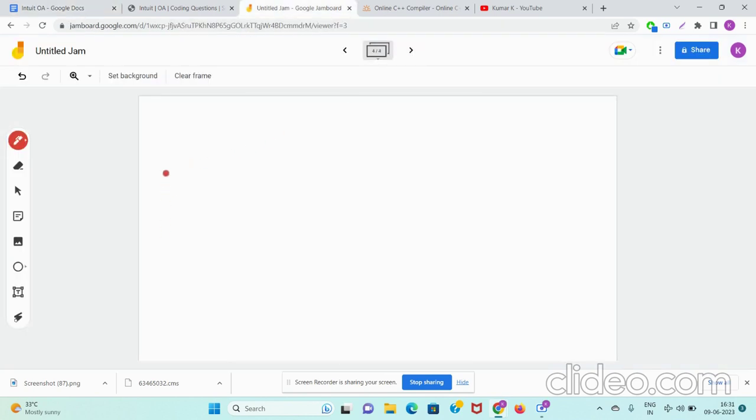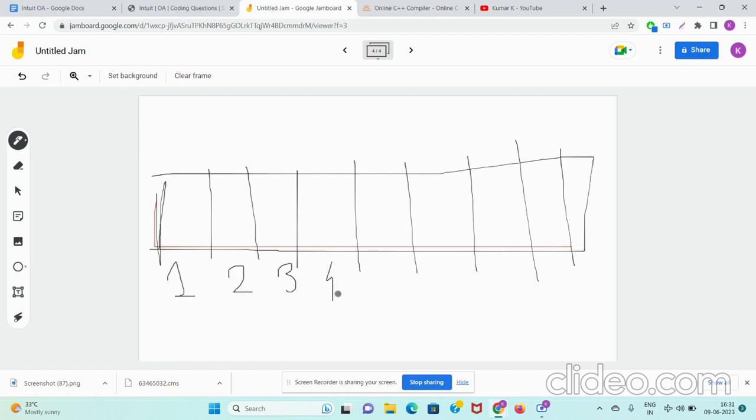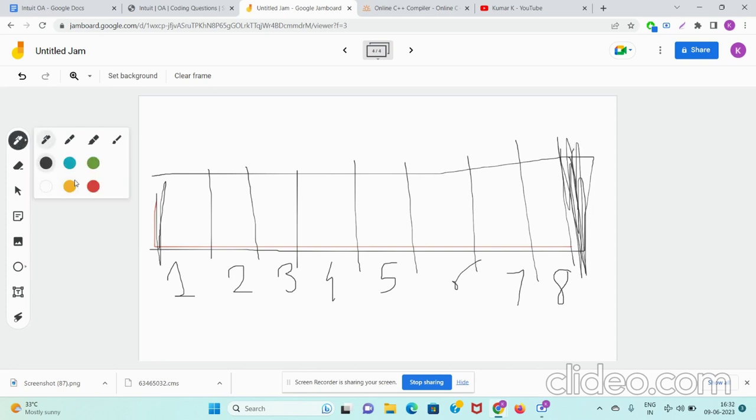Okay, say you are given an array like this, right? 1, 2, 3, 4, 5, 6, 7, 8. So what can you do, guys?